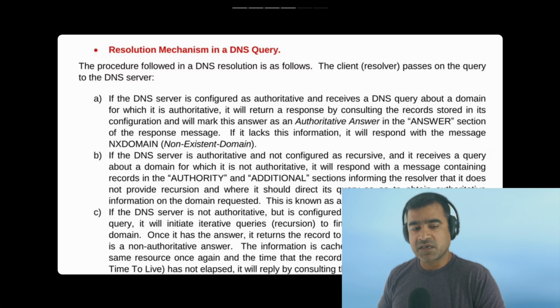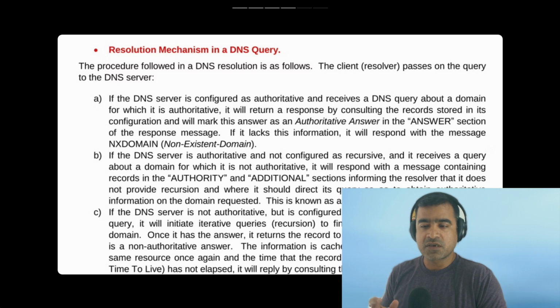You will see many a time, especially the top level domain servers or root servers, are not considered recursive, because if they start doing recursion, it will be too much work for them. So they are never recursive, and hence they only respond with where you can go to get the information. Like if you're asking for some .com or .org, it can point you to the designated or authoritative name server for that domain, and that response is called a referral response.